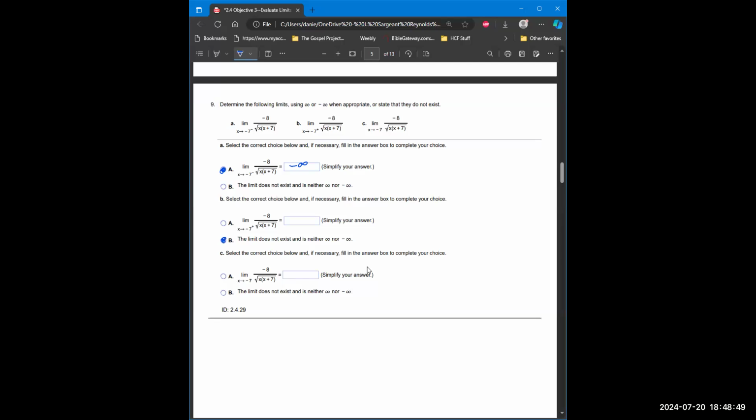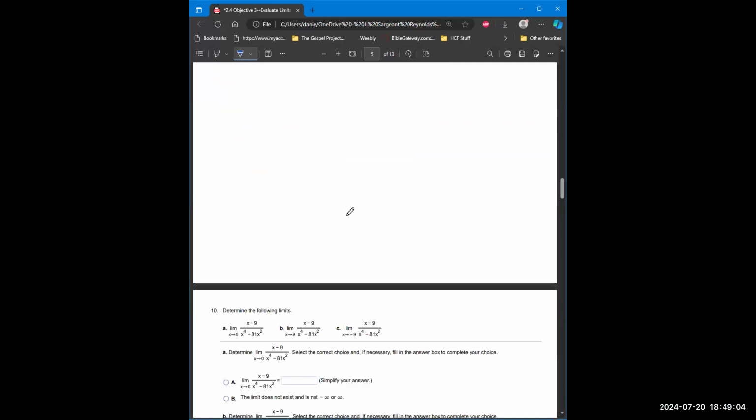And so then we can't say that the limit exists because it doesn't come from both sides. It only comes at negative infinity from the left side of negative 7.